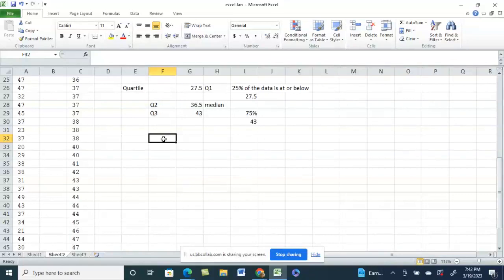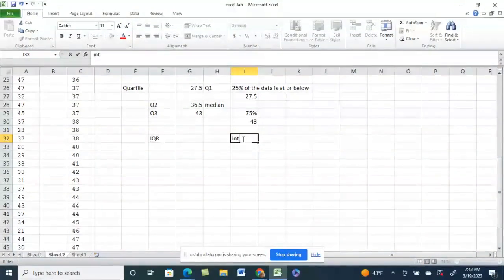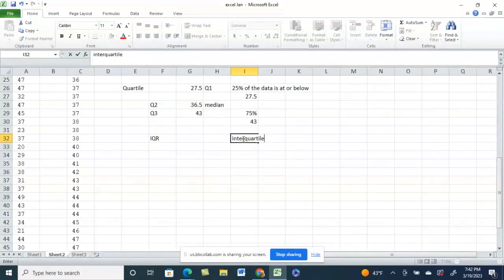Okay, and then lastly, we have the IQR, which is called the interquartile range. Again, it's a range. It's just one number, and it's really easy to find. It's just Q3 minus Q1.